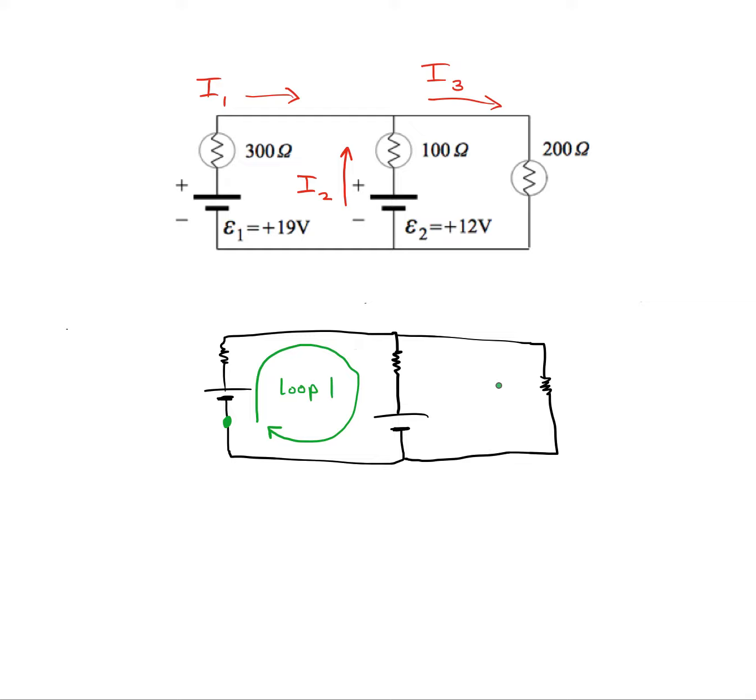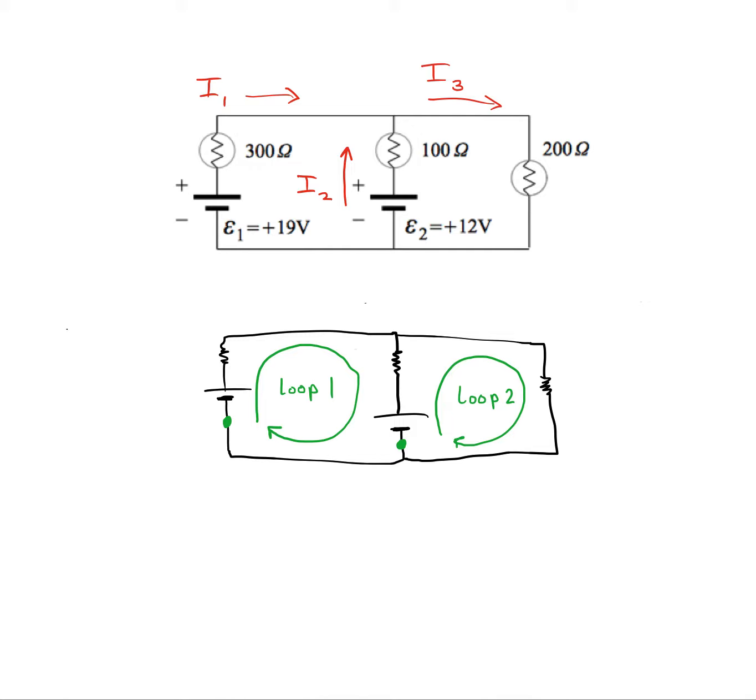Okay, so this can be loop 1, and I'm going to make another loop starting at this negative terminal. This can be loop 2. If I wanted, I could make a third loop going around the outside edge. I don't necessarily need to.